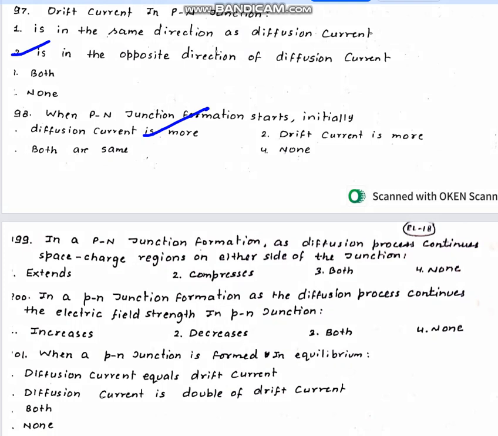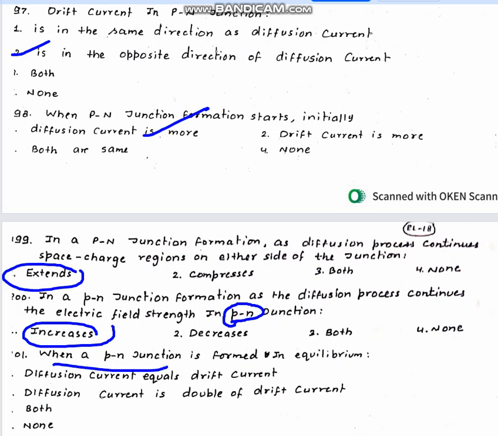Next, as the diffusion process continues, the space charge region on either side of the junction extends. Next, as the diffusion process continues, the electric field strength in the p-n junction increases, because the depletion layer extends as more charge-free regions are created.